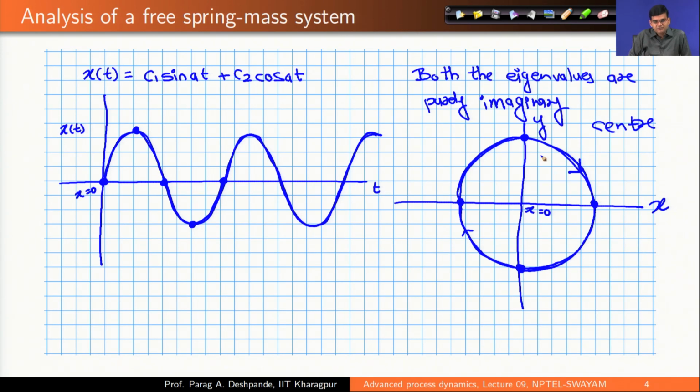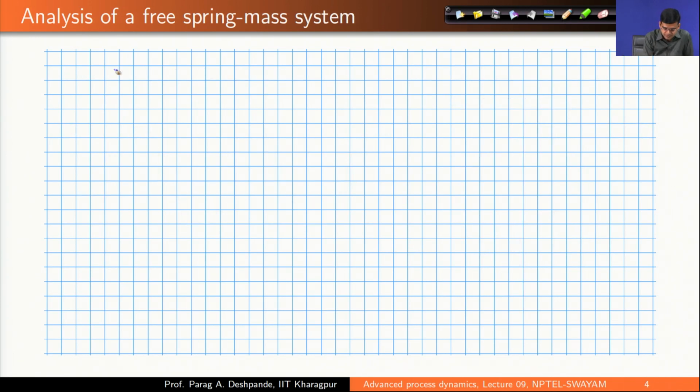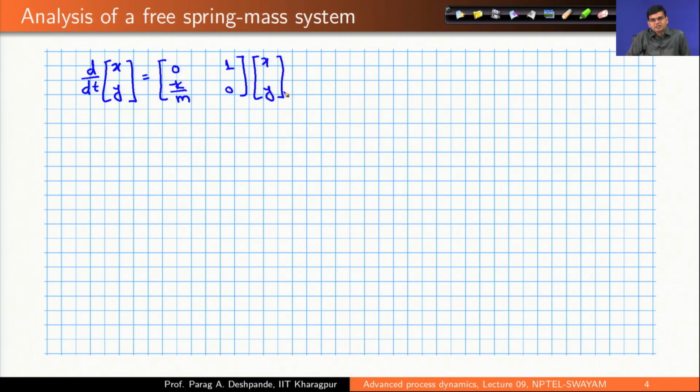Now, the only point which is left for us to discuss in this particular problem is what is the equilibrium solution. We did not worry about the equilibrium solution till now. So, we had the equation d by dt of (x, y) equal to [0, 1; minus k by m, 0] times (x, y), and what is going to happen when the system reaches equilibrium? The equilibrium solution will be given by the 0 vector.